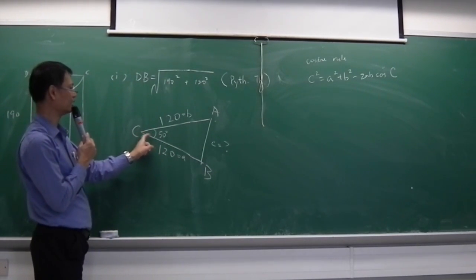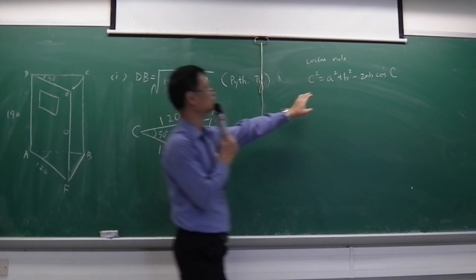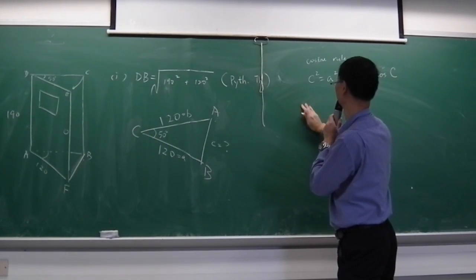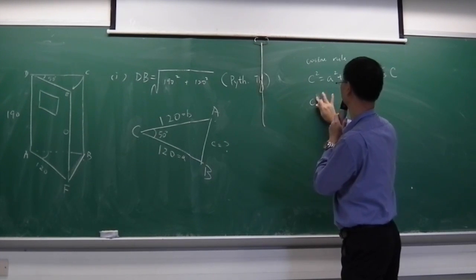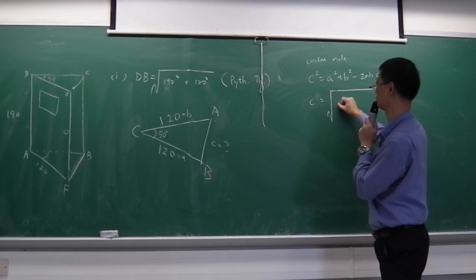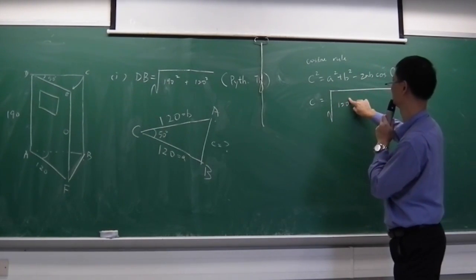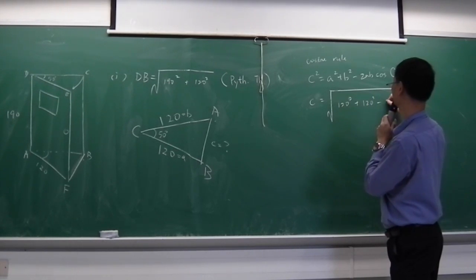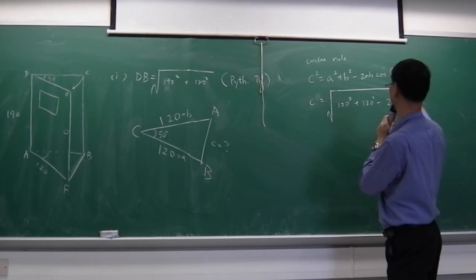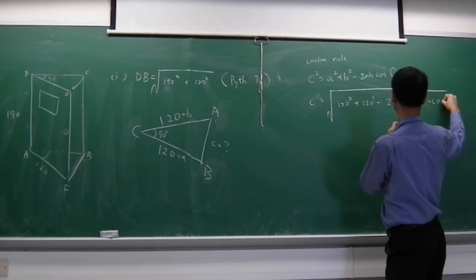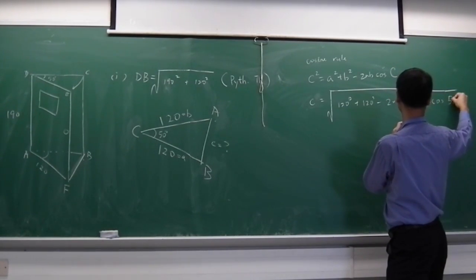And the angle C is 50 degrees. So we know that C is just equal to the square root of A squared, 120 squared, plus B squared, 120 squared, minus 2 times 120 times 120 times cosine 50 degrees.